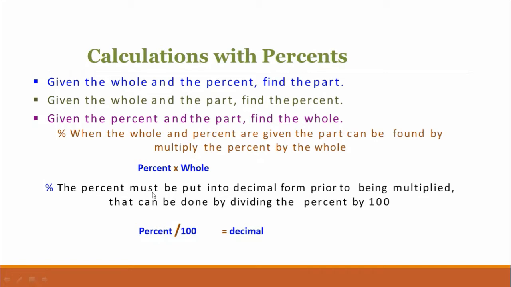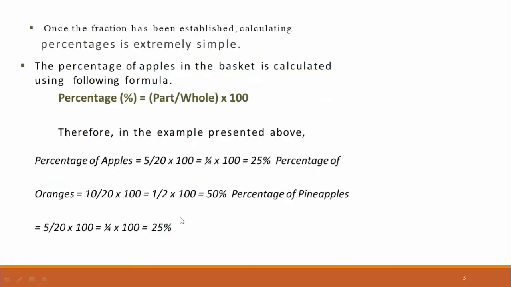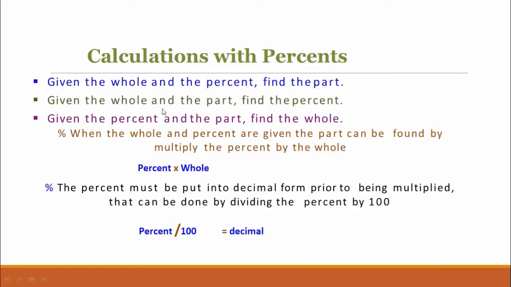The percent must be put into decimal form prior to being multiplied, and that can be done by dividing the percent by 100. So dear students, note that through this formula, when percent and part are given, we can find the whole, and when percent and whole are given, we can find the part.